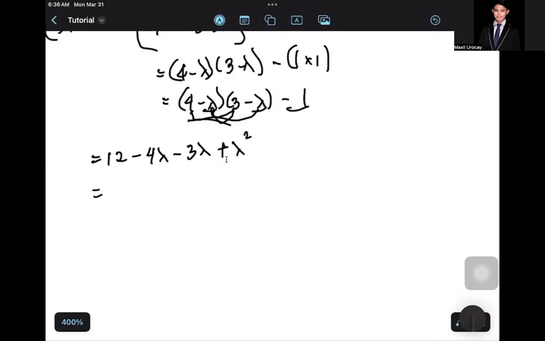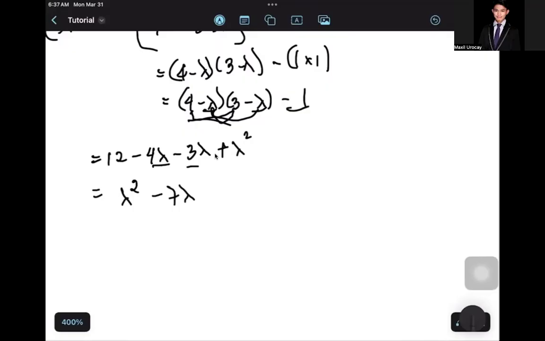So in order for us to segregate those things, your 12 minus 4 lambda minus 3 lambda plus lambda squared will be simplified as lambda squared minus lambda of 4 and 3, it can be 7 lambda, plus 12.